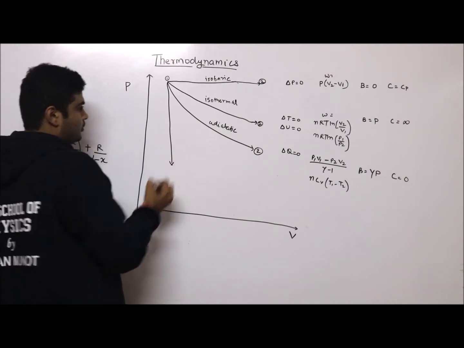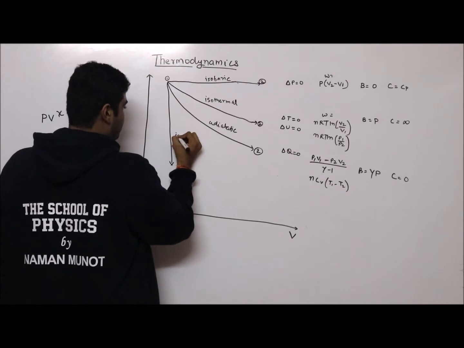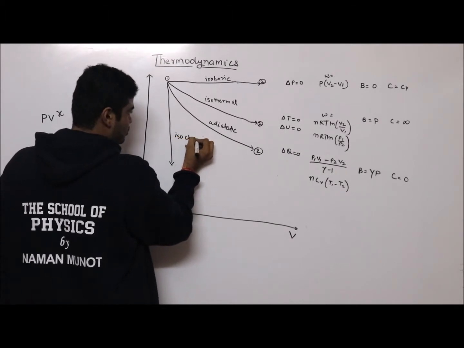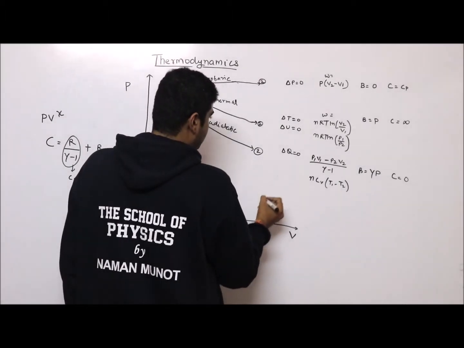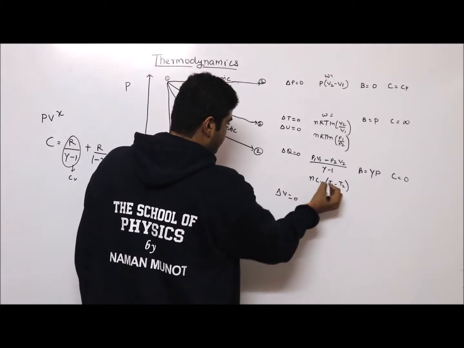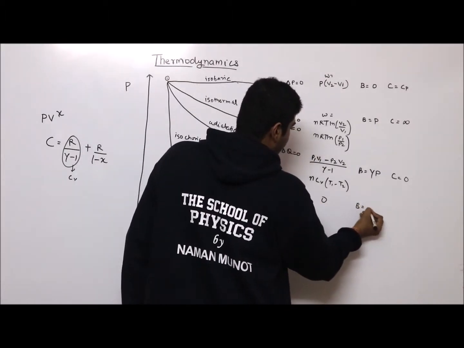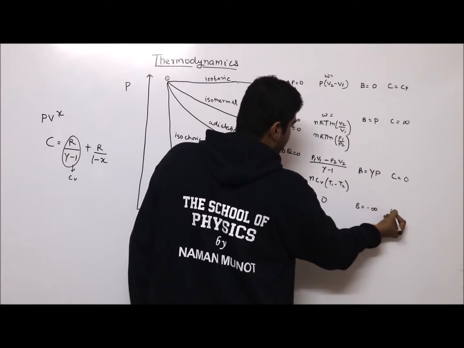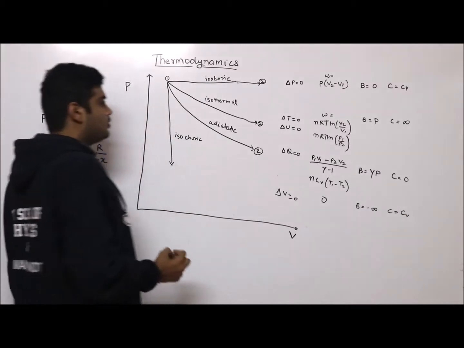And the fourth is isochoric. In isochoric, change in volume is equal to 0. Since change in volume equals 0, work done equals 0. Bulk modulus is equal to minus infinity, and C is equal to CV.